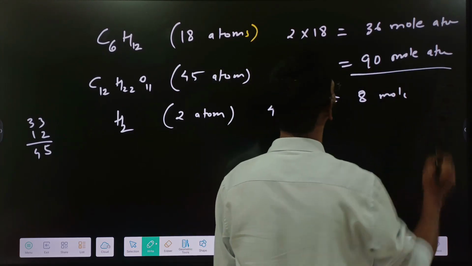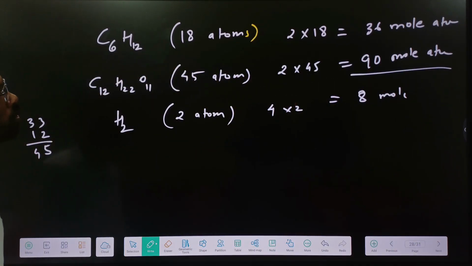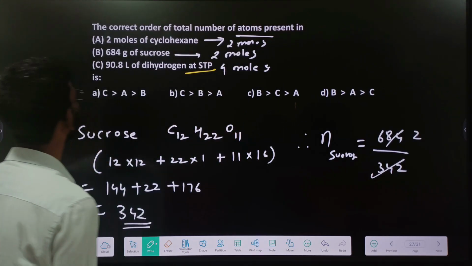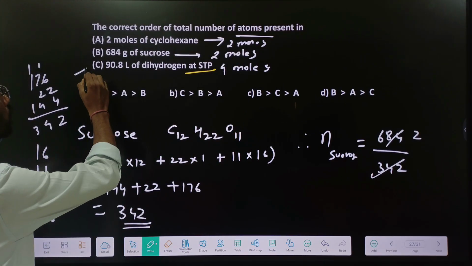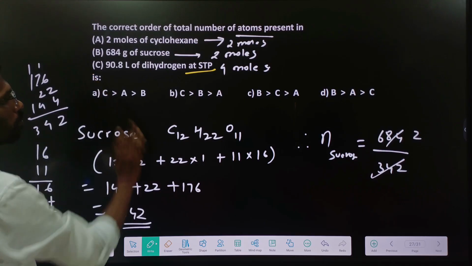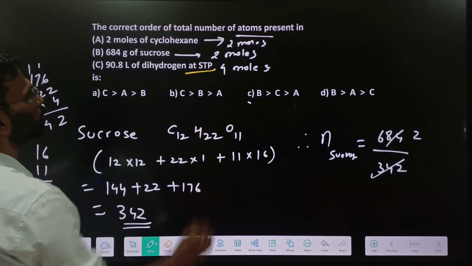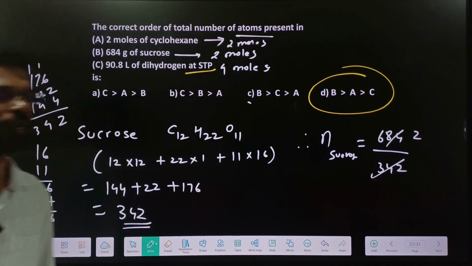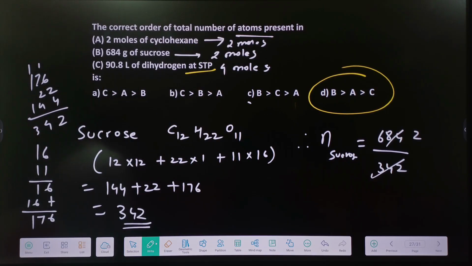So maximum atoms are there in sucrose, then cyclohexane. So sucrose, sorry, B is first. B, AC, option B, D will be correct for this, right?